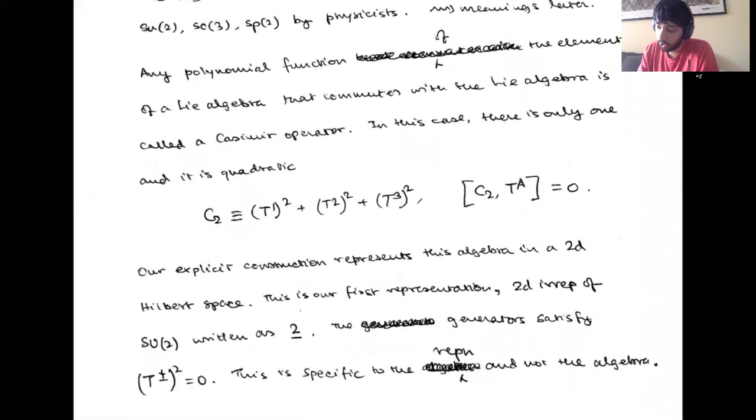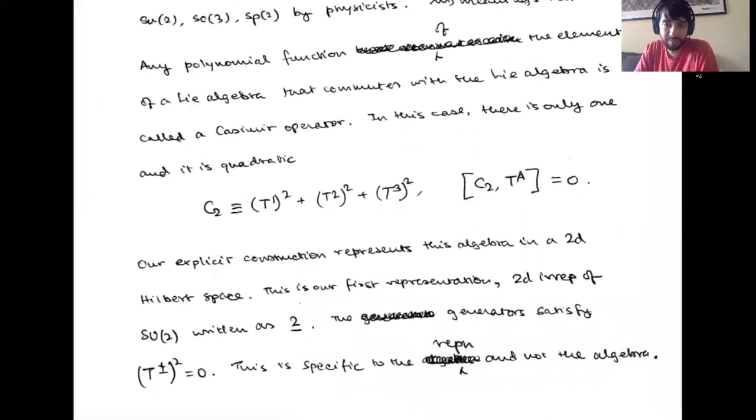So now, what do we have? What we have written is an explicit construction of an explicit representation of this algebra in a two-dimensional Hilbert space. This is, if you wish, the first representation, a 2D irreducible representation of SU2, and it's going to be written by 2 with a bar under it.